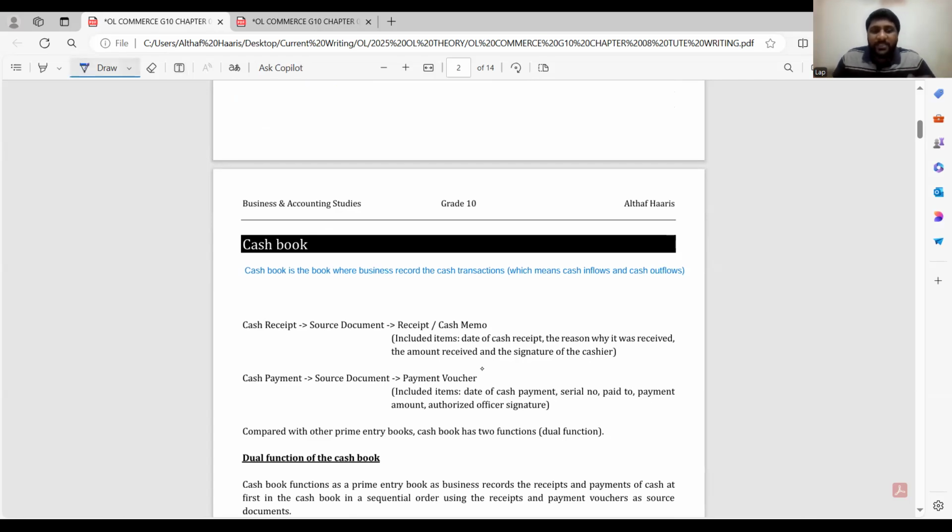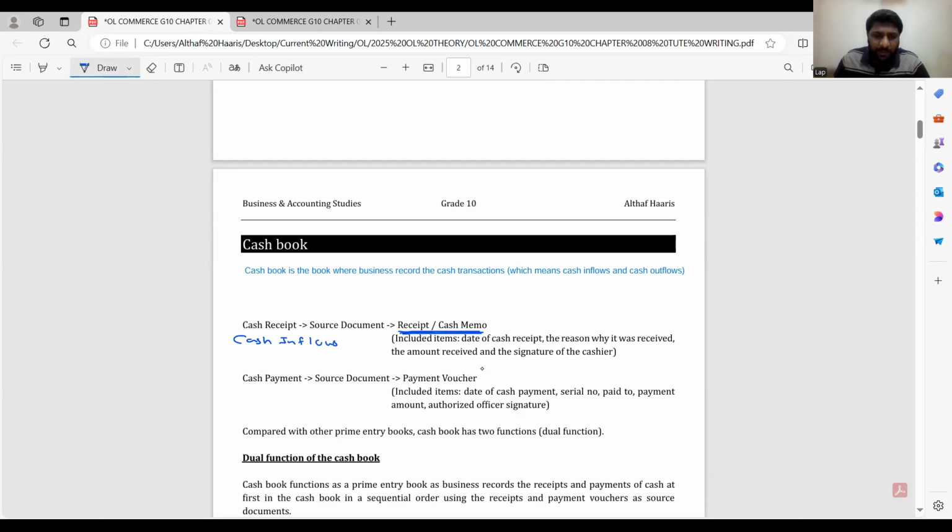In the previous chapter, we learned that when you are recording a transaction in the cash book, any kind of transaction, you should have a source document. For cash receipts, that means cash coming in, cash inflows, the source document is the receipt or the cash memo.